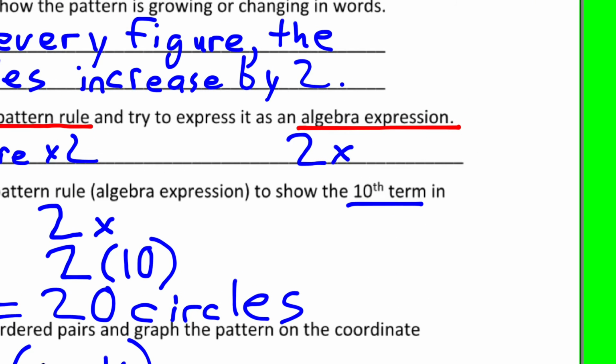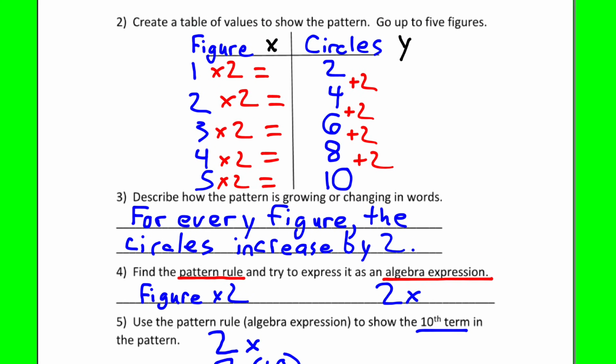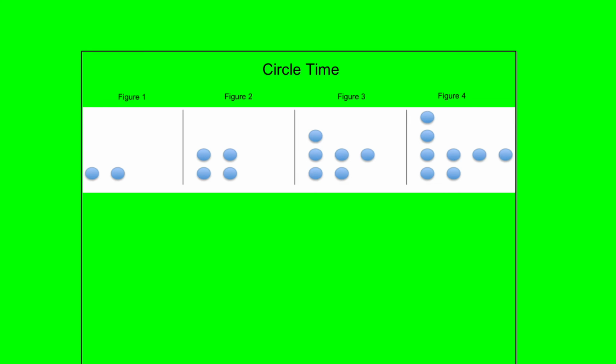I can represent this as an algebra expression, 2x, which means the figures times 2. I can represent this as a pattern in words, as numbers in a table, or as pictures. Algebra is the language of patterns.